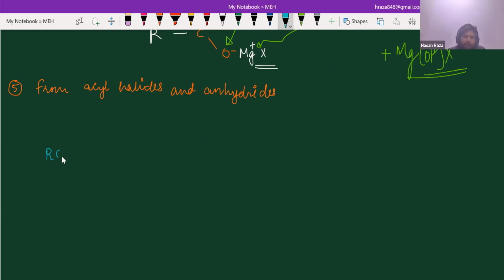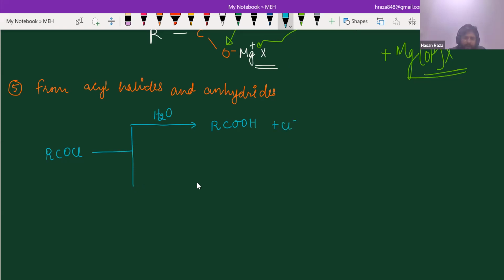This is your RCOCl, the acyl chloride. There are two methods to prepare carboxylic acids from here. In the first one, you are going to do the hydrolysis and you will directly get RCOOH plus Cl minus.